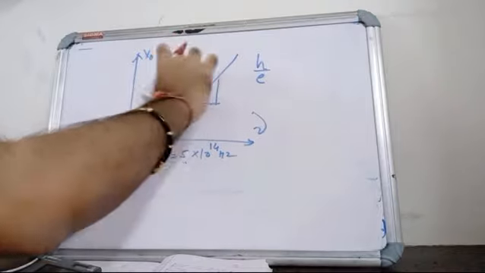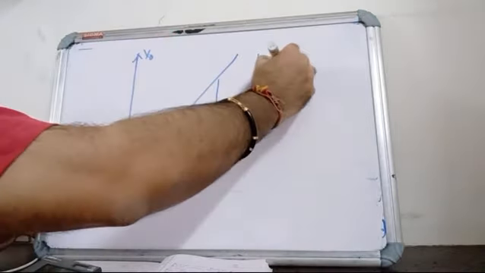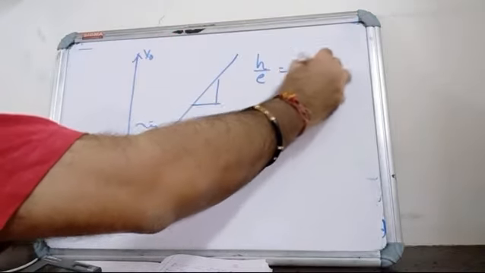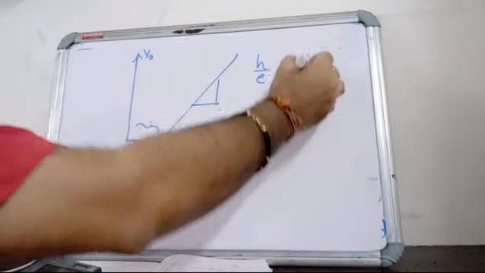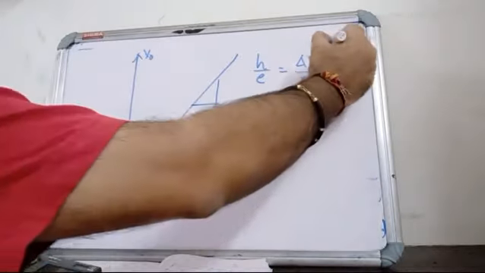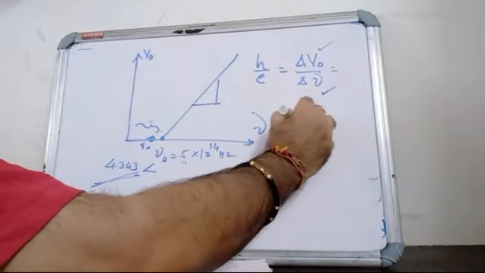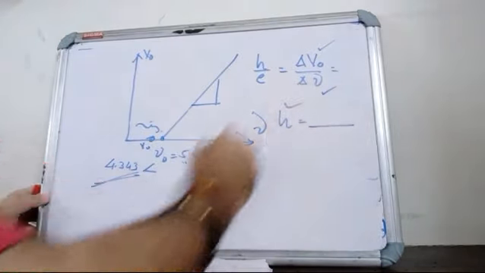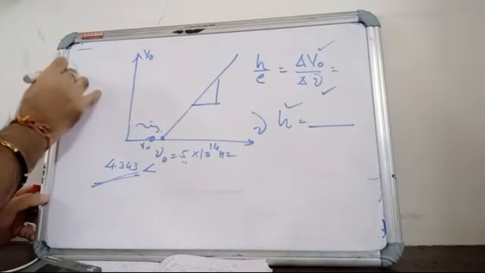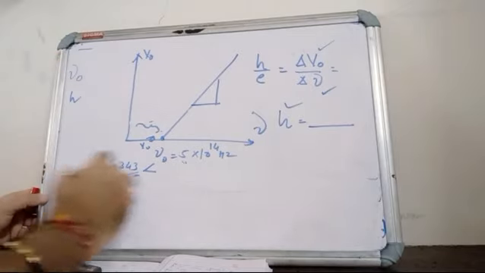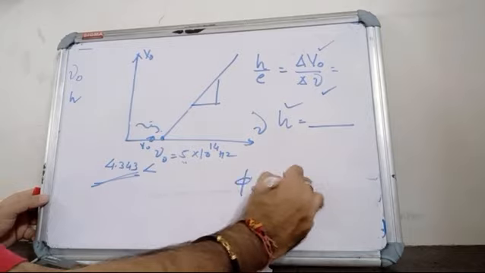The slope is change in y coordinate upon change in x coordinate, that is delta V0 upon delta nu. We have calculated this. Take any two observations from the table and make h the subject, so we have obtained h. By this way we have obtained nu 0, then we have obtained h. Now work function phi 0 is equal to h nu 0.